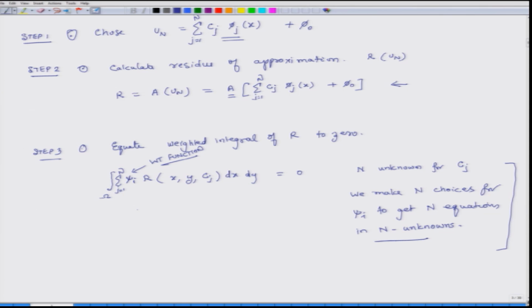I would like to reiterate some things. Our choice of phi j and phi naught, we have explained it earlier, but here when we are choosing phi j, it should be such that it satisfies the homogeneous form of all boundary conditions, and we will actually do an example to show what we mean by this.